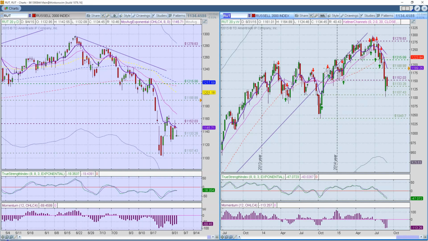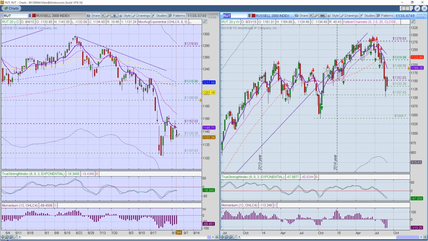Let's take a look at the Russell. The Russell on a weekly basis had a really nice big bullish candle last week. However, it has now hit the top of that, turned out to be great resistance, as we can see here, and it is dropping back down. The amount that it has to drop before it retests the swing lows is a lot less.